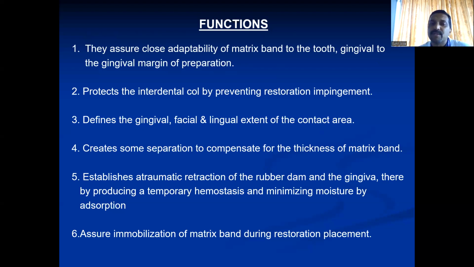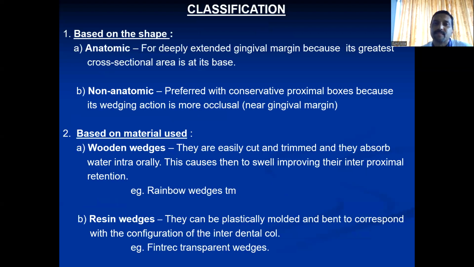Create some separation to compensate for the thickness of the matrix band. Establish atraumatic retraction of the rubber dam and the gingiva, thereby producing temporary hemostasis and minimizing moisture by adaptation. Assure immobilization of the matrix band during restoration placement.